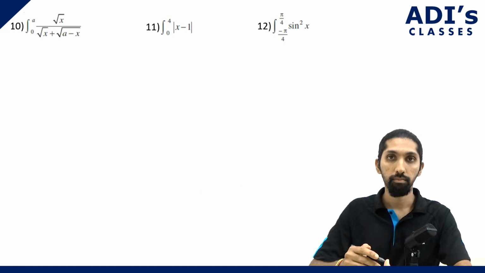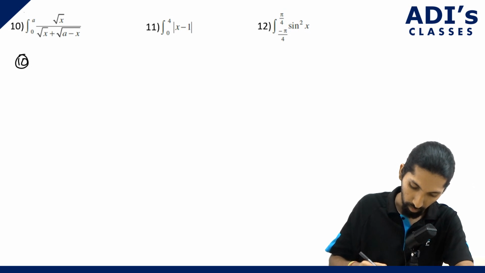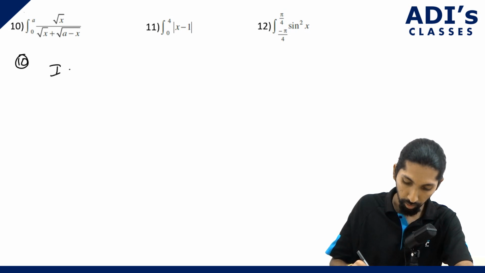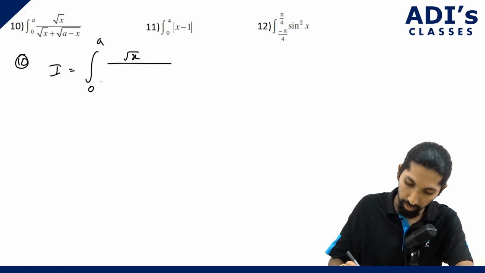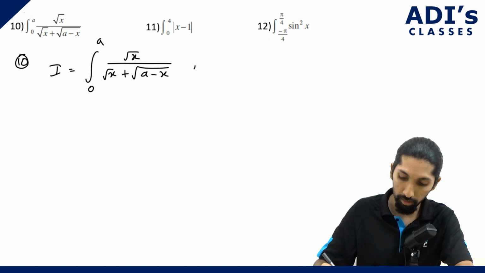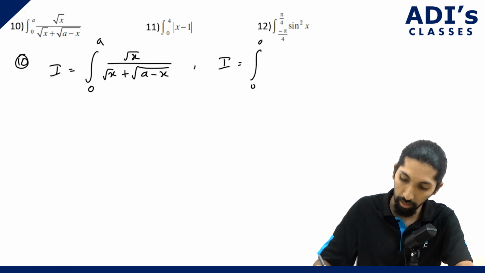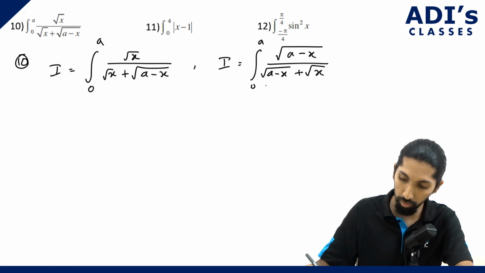All right, the 10th question. See the 10th one. I is equal to integral 0 to a of root x by root x plus root of a minus x. Now after that, what do we do? Again, take it as integral 0 to a of root of a minus x by root of a minus x plus root x.